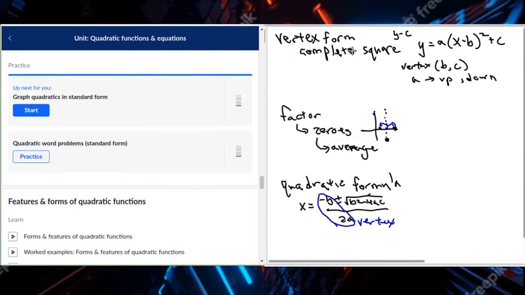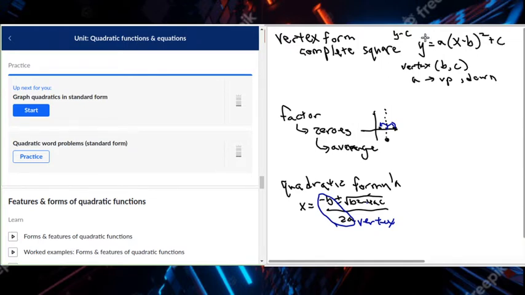The first way is if we can get it into vertex form, which looks like y equals a times (x minus b) quantity squared plus c, or sometimes it'll look like y minus c equals a times (x minus b) quantity squared. Sometimes the c will be on this side.